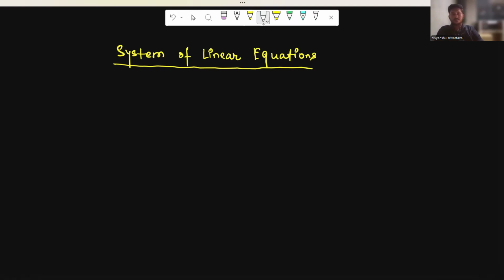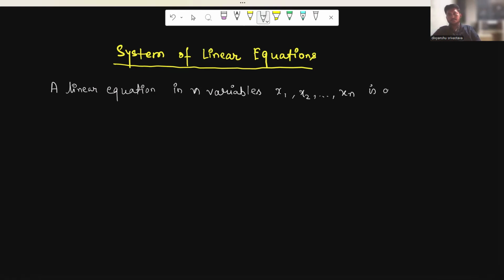So maybe you can say a linear equation in n variables. First of all, you write these variables like this. When you have n variables as input, you represent them as x1, x2 up to xn. What is this?